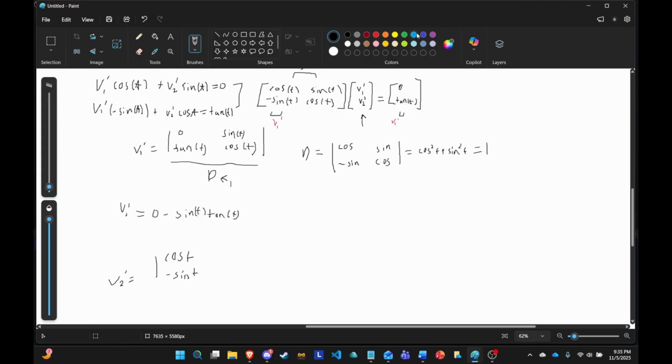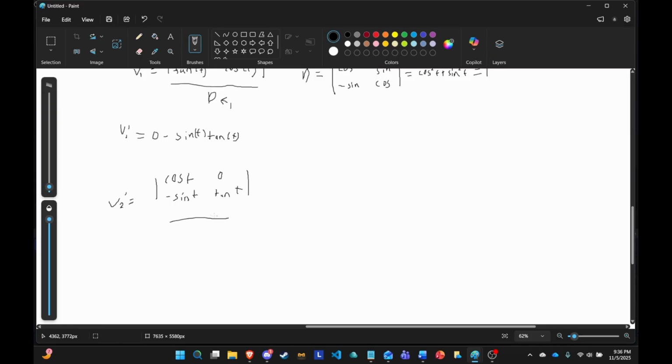Then we replace the second column with the right-hand side this time, v2 prime. That will be 0, tangent of t. And this again is over d, but we know that d is 1.